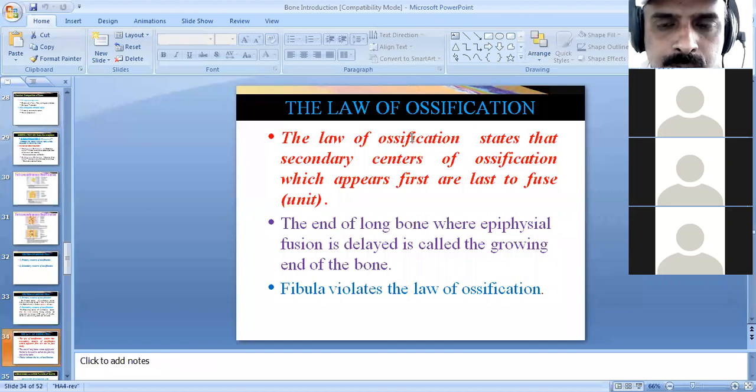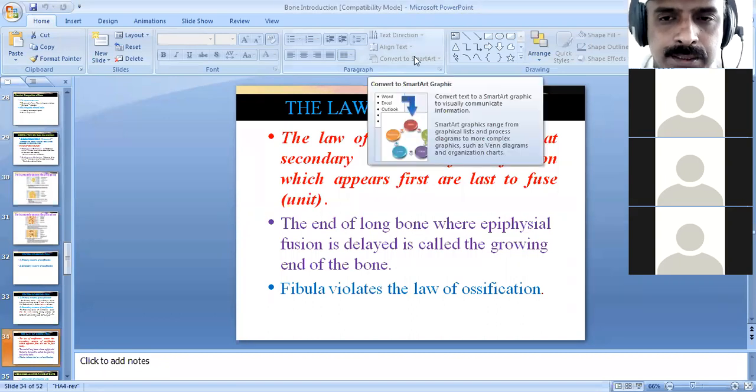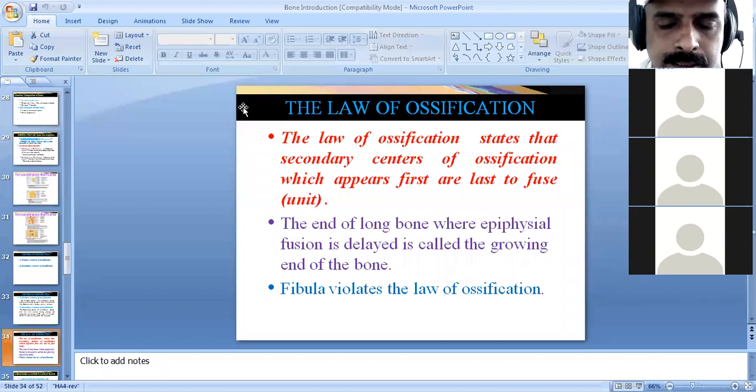The upper end, which fuses late, is the growing end of the bone. So the centers which appear first are not fusing last, and that is not followed in the fibula. You have to study the ossification of the fibula.